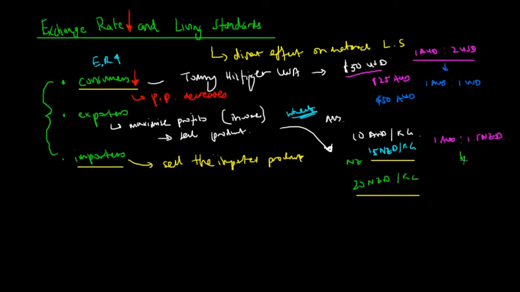So now let's look at the example when the Australian dollar appreciates. The Australian dollar appreciates to 1 AUD to around 3 New Zealand dollars. So this is almost doubled, and in reality it doesn't really happen like that because the RBA will take measures to keep the Australian dollar stable.